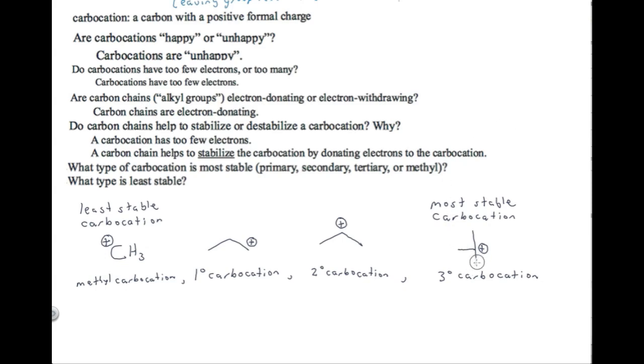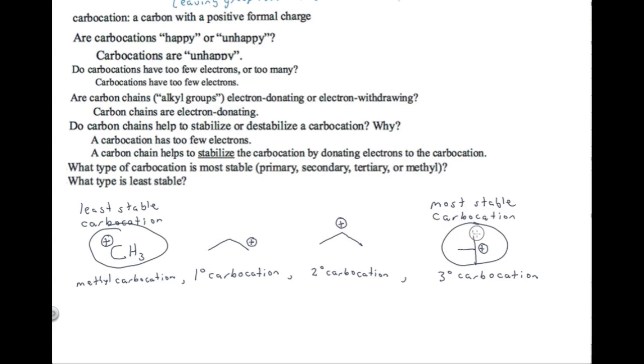Also, notice that when we say that a carbon chain is electron donating, we mean that it's donating compared to hydrogens. If you compare, say, the tertiary carbocation and the methyl carbocation, the difference is that surrounding this carbocation there are 3 carbon chains, whereas surrounding this carbocation there are just 3 hydrogens. So when we say that the carbon chains are electron donating, we're comparing them to hydrogens.